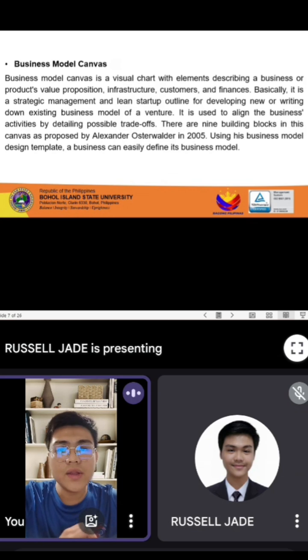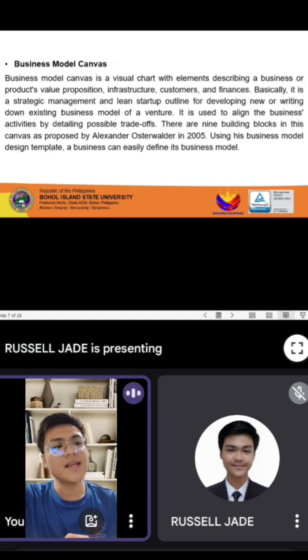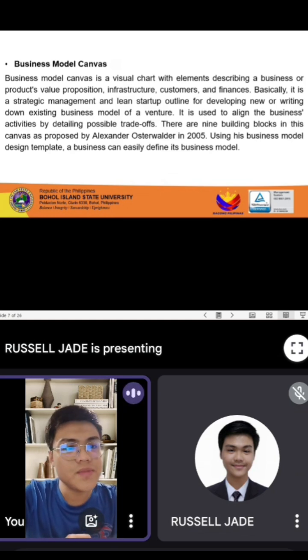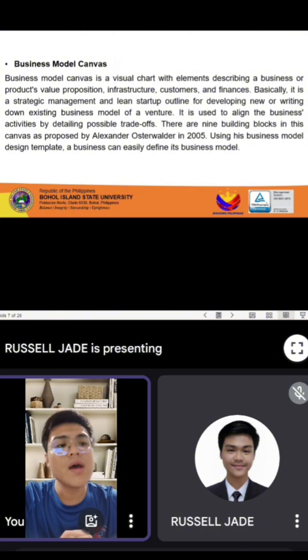I know that you're all familiar with this, but the business model canvas is a visual chart with elements describing a business or a product's value proposition, infrastructure, customers, and finances. Basically, it is a strategic management and lean startup outline for developing new or writing down existing business models of a venture.